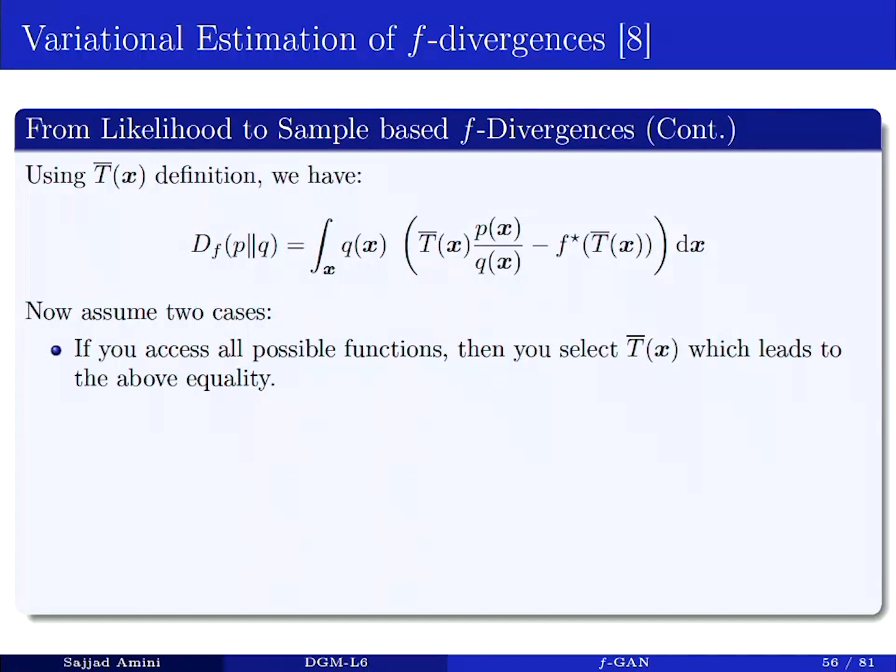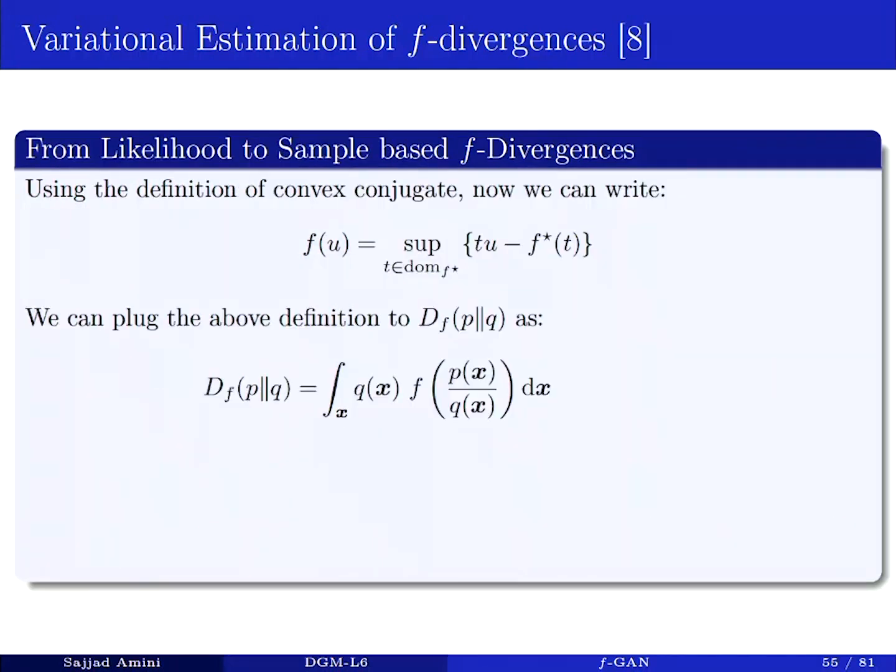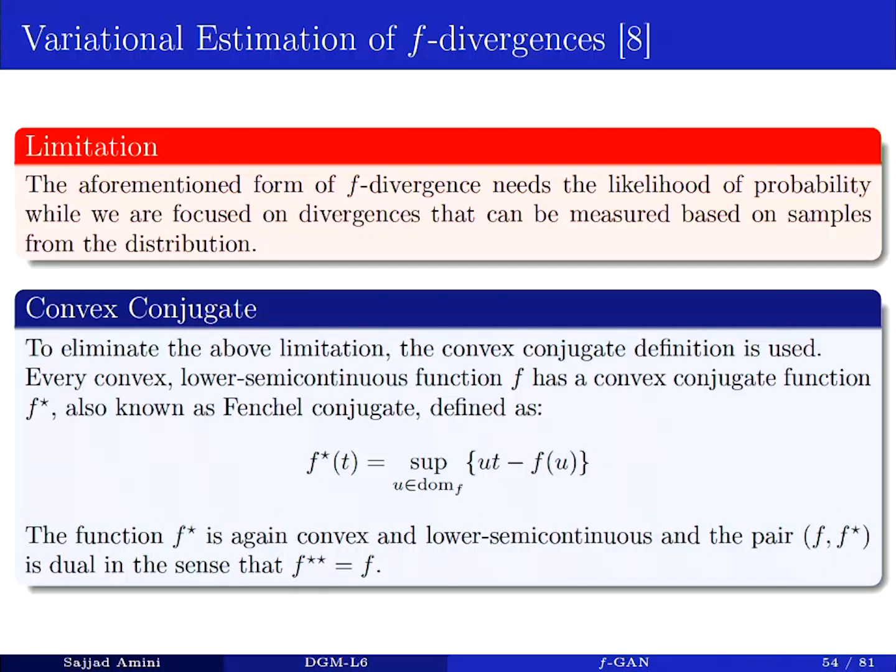This is our objective because we do not have access to the likelihoods. So we just have a definition, and we know that they are dual. It means that f star star is equal to f.